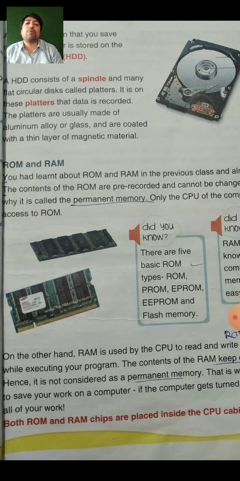The hard disk is a very important topic in the chapter. Due to the hard disk we can store our data inside the computer, and the computer can also process the data.